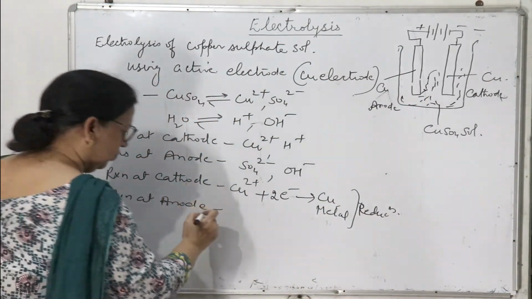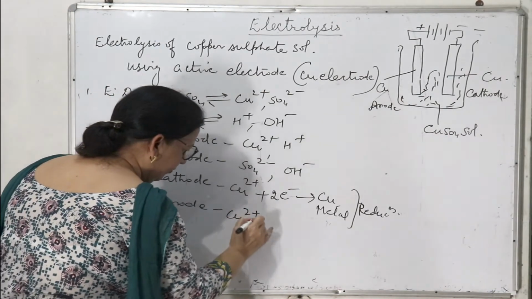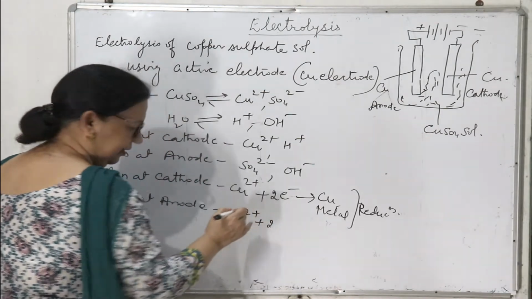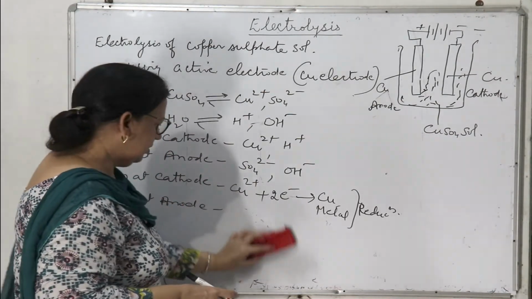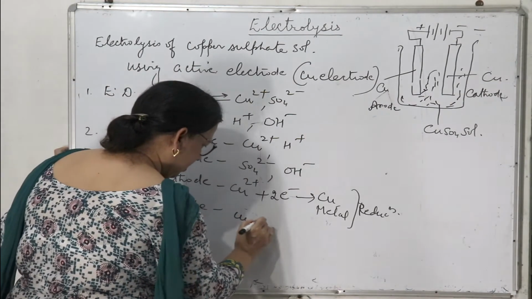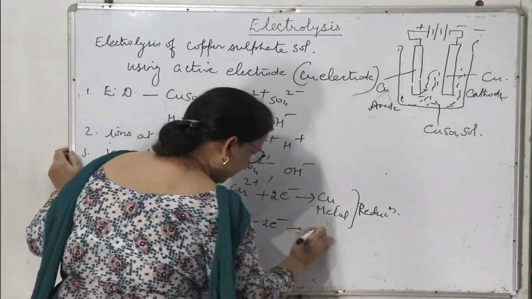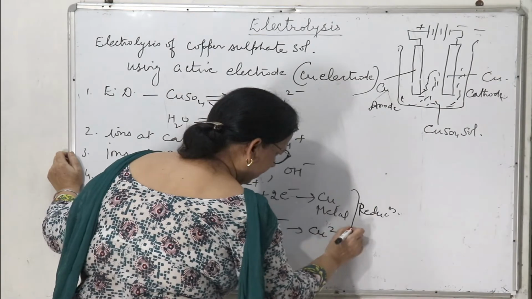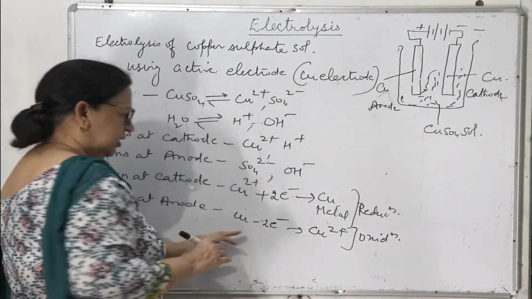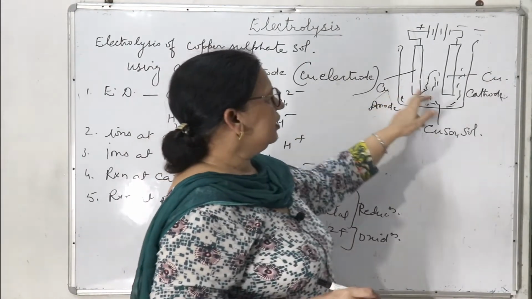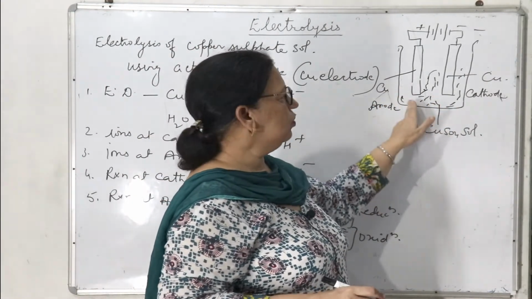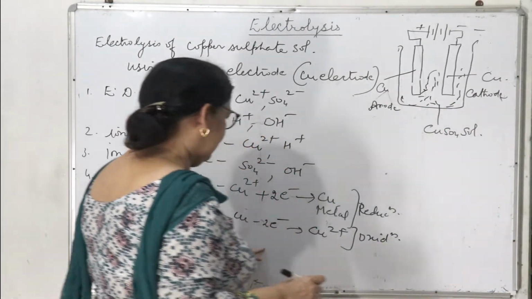So this copper will lose 2 electrons and become Cu2+ ions, and this process is called oxidation.